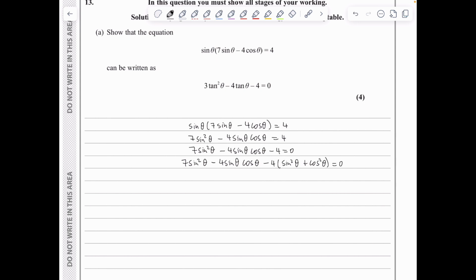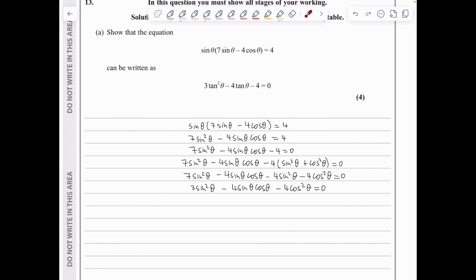And then I will expand to get 7 sine squared theta minus 4 sine theta cos theta minus 4 sine squared theta minus 4 cos squared theta is equal to 0, which leads to 3 sine squared theta minus 4 sine theta cos theta minus 4 cos squared theta is equal to 0.